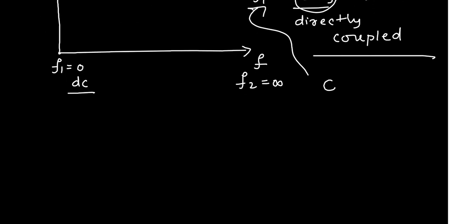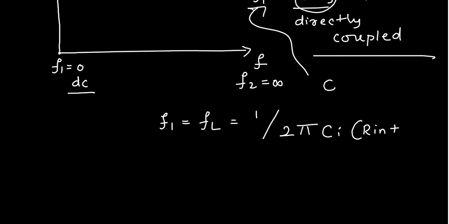The lower cutoff frequency, f1, in some cases also called fl, is given by 1 divided by 2 pi Ci into (R in plus R naught). This is one important expression which you should always keep in mind.